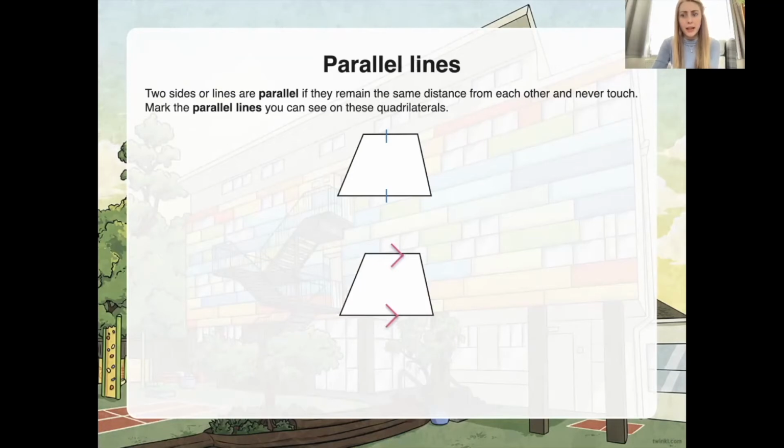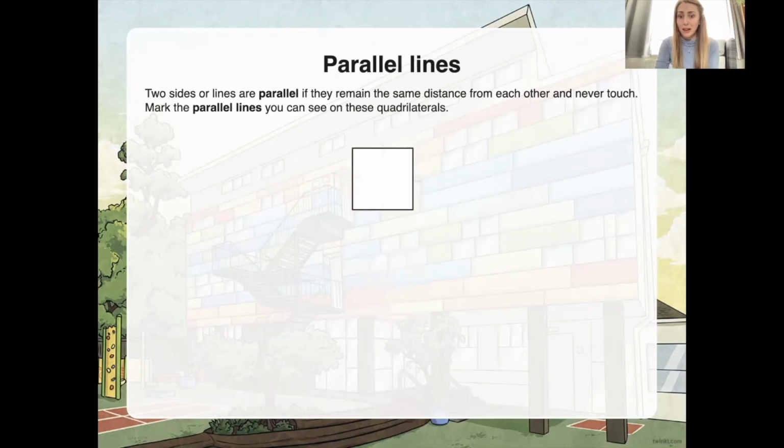Now, sometimes you might get a quadrilateral or indeed another shape that has more than one pair of parallel lines. And it would be very difficult for you to mark them all with an arrow, because then somebody wouldn't necessarily know which pair it is that are parallel. So there is another way of showing more than one set of parallel lines like this. Here's a square.